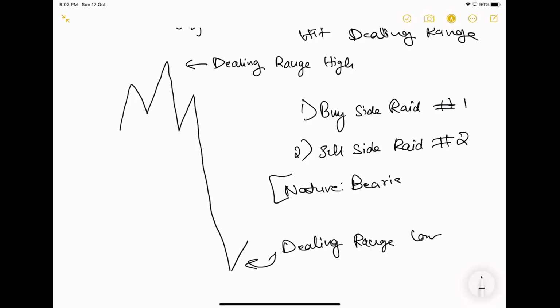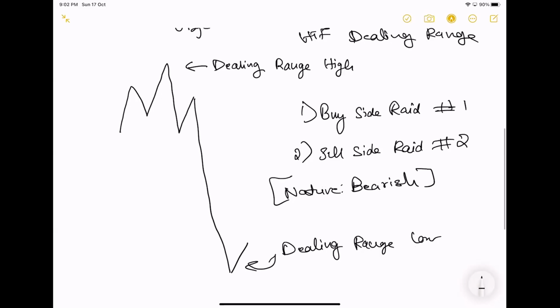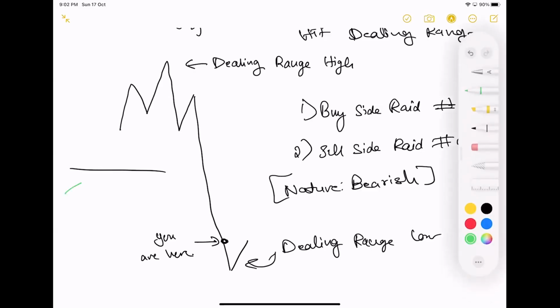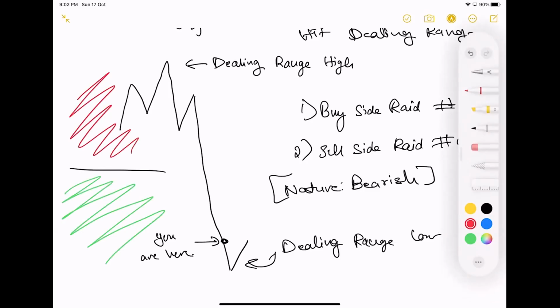Now, here is the context. When you're looking at this dealing range, you are over here. When you are over here, are you going to be buying or selling?